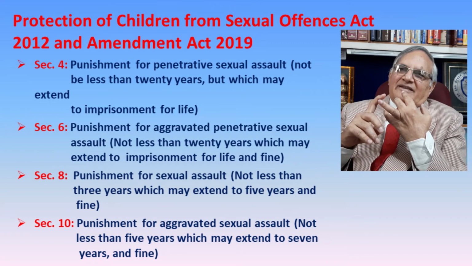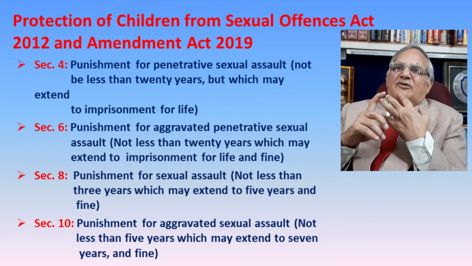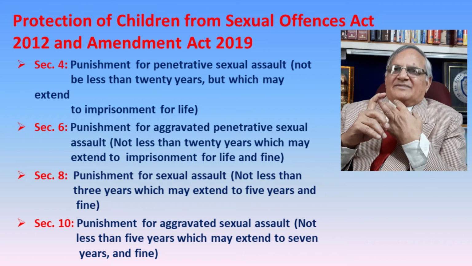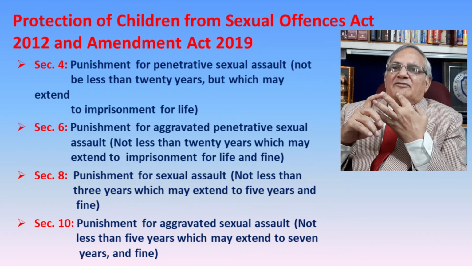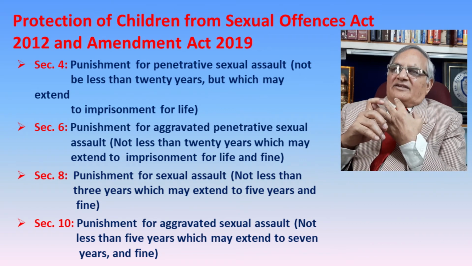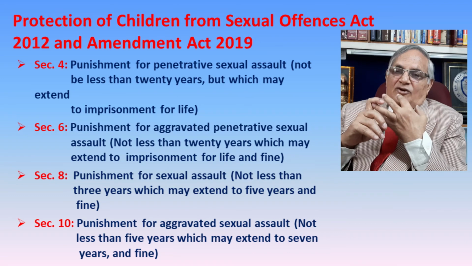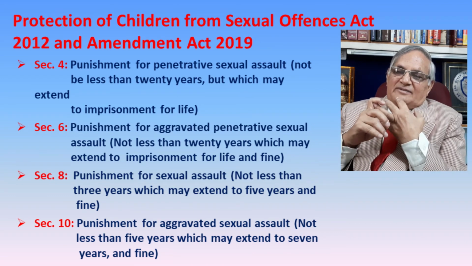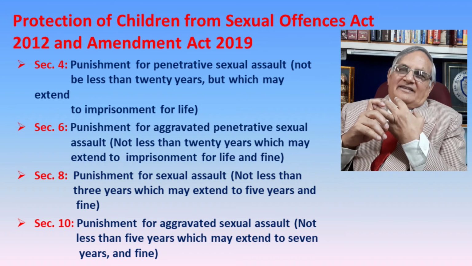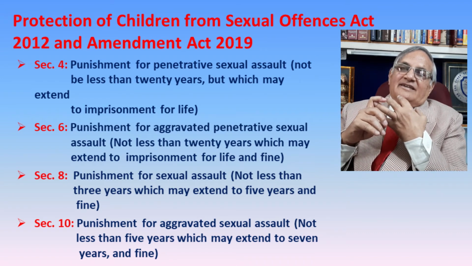And the other important section is Section 6, and that is the punishment for aggravated penetrative sexual assault. The punishment in aggravated assault is not less than 20 years, which may extend to imprisonment for life, and fine. And what does this section say?